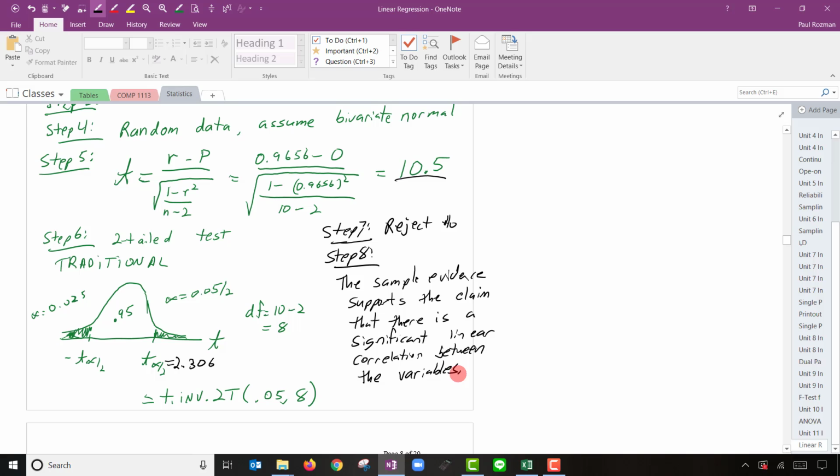I'm just going to say between the variables. Our variables were x was the stress, the force coming down, or the perpendicular stress or normal stress, and then we had the shear stress. And we probably didn't have to do this test knowing that the value was so high, even though we had such a small data set.